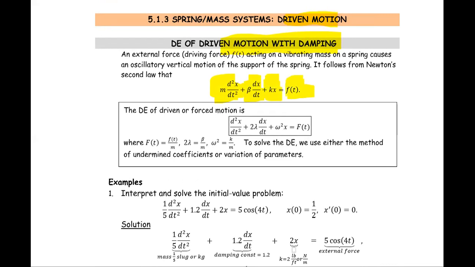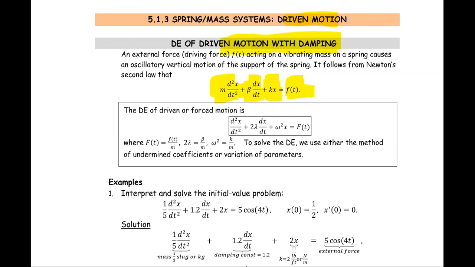And f(t) is not zero for this case, so you are working on the non-homogeneous equation. f(t) is the external force. You can rearrange the terms, making the coefficient of the leading order 1, to make it cleaner. This helps you see the relationship of each parameter.